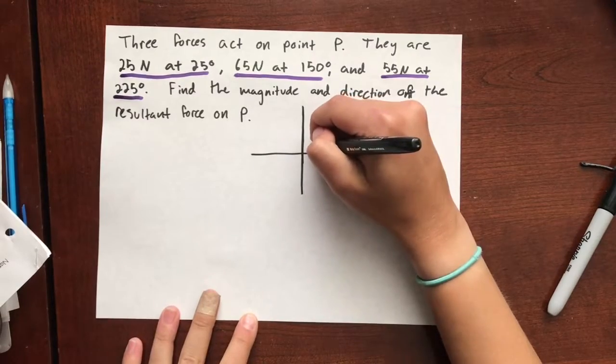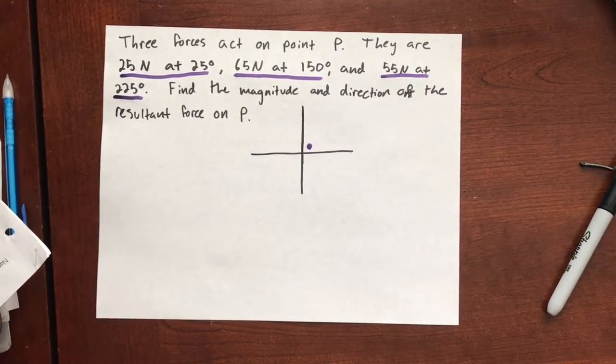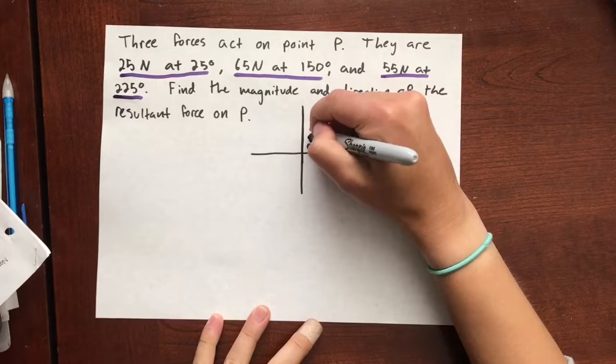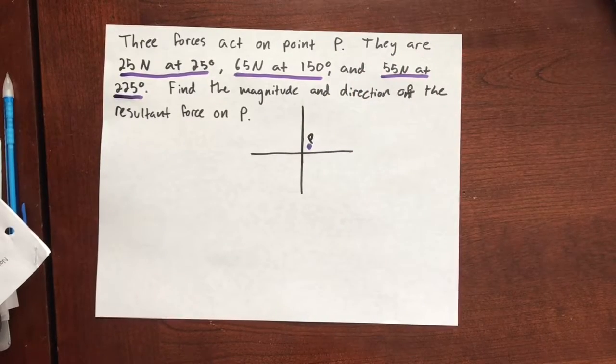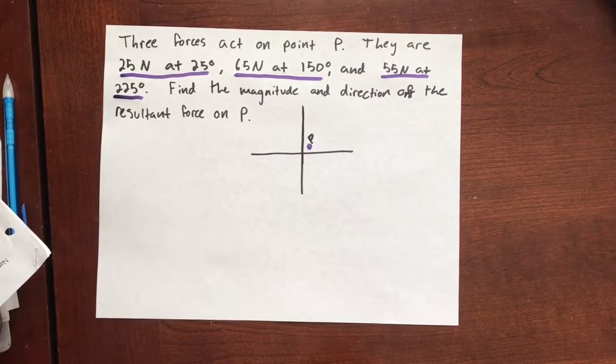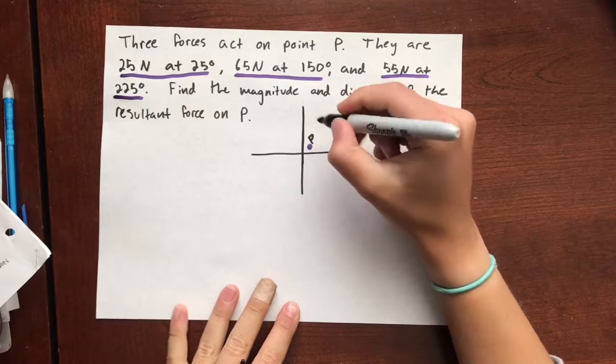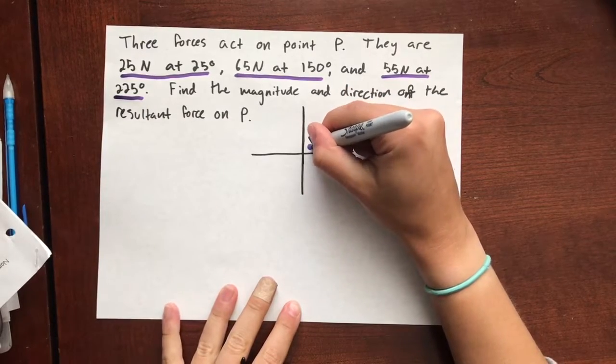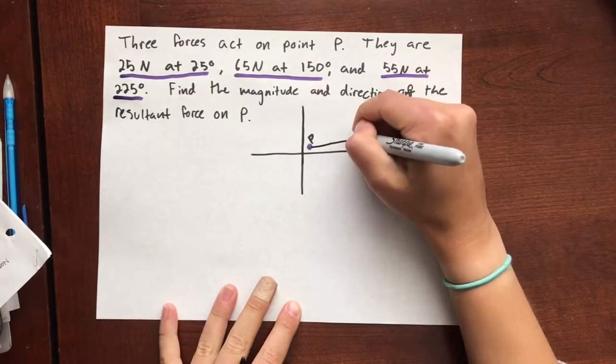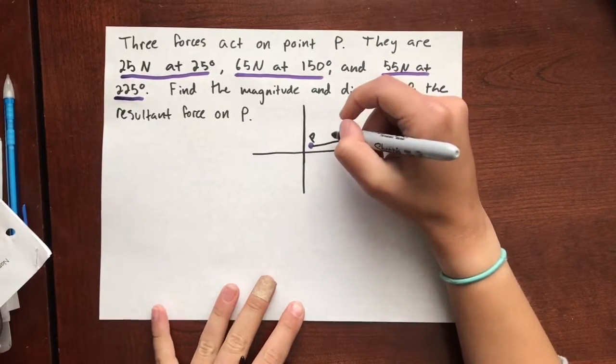So we're gonna put our point P here. We're gonna call that P. And then we're gonna have our forces acting on our point. So we have 25 newtons at 25 degrees. So we're gonna have a force acting about right here. Say we're looking at a unit circle, that really helps.